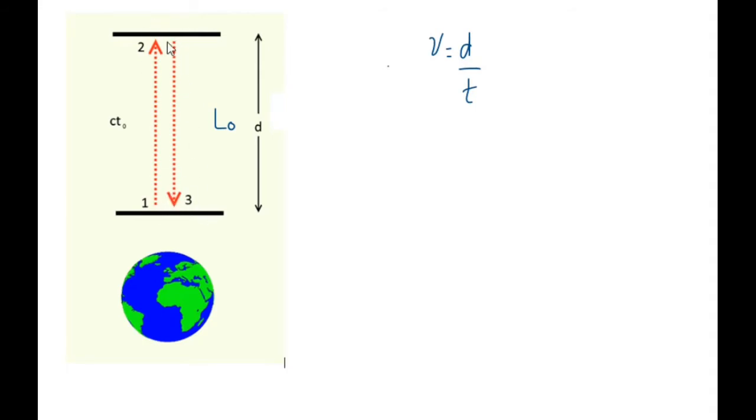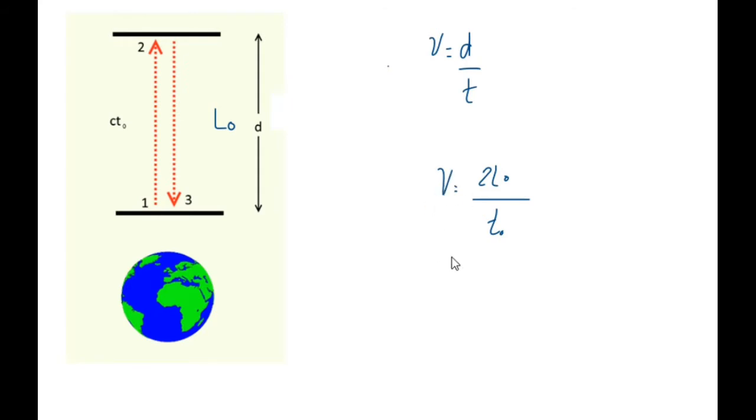So it will cover two distances at a particular time interval T0. Okay? So we can consider the distance as 2L0. So we have the velocity of the light, 2L0, divided by the time, or the T0, or the proper time.